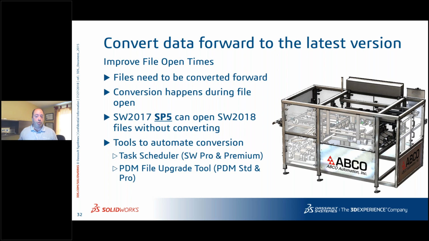You can even distribute the conversion process onto multiple computers. If you're using PDM, either PDM Standard or PDM Professional, you can use the PDM file upgrade tool as well to do that. So it's going to go in the vault, and might create another version or revision of the file as it's doing the conversion. So you're keeping the history as well.